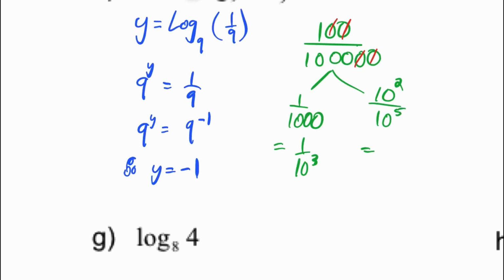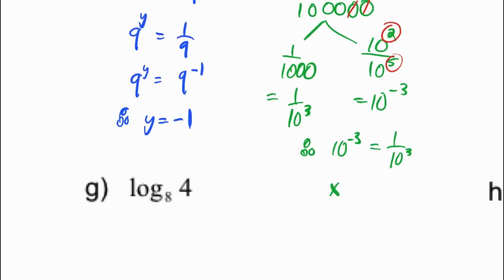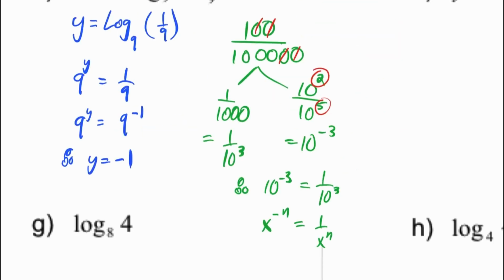And if you recall, when you have the same base and you're doing division, you subtract the exponents. This gives us 10 to the negative 3. So therefore, 10 to the negative 3 is the same as 1 over 10 to the 3. Or in general, x to the negative n is the same as 1 over x to the n. It never hurts to review.